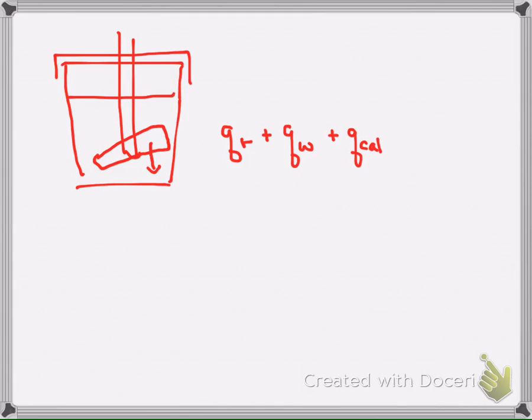Now, in an ideal world, actually, you can buy things like this that absorb almost no energy at all, and then we can assume that that number's 0. And for a lot of experiments, we do assume that it's close to 0 because the energy changes are large enough that it's not a big deal. But for us, we're going to be scientists. We're going to take into account all the little details, okay?